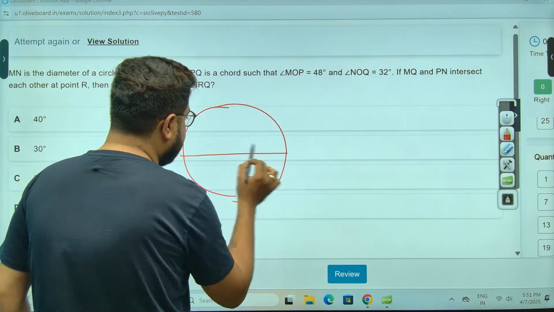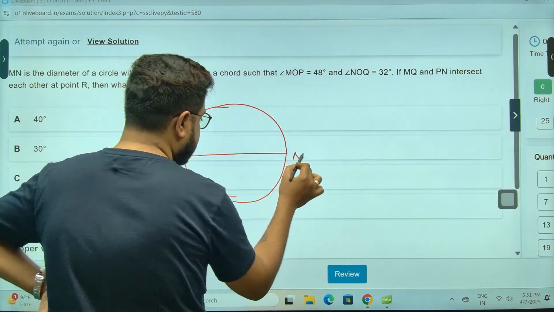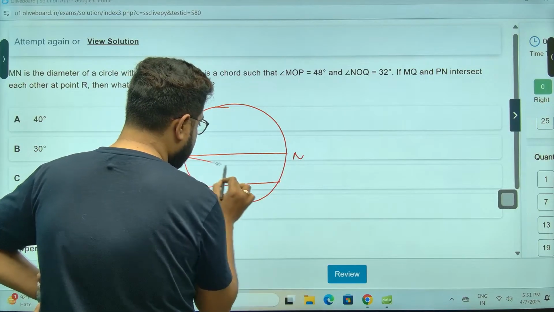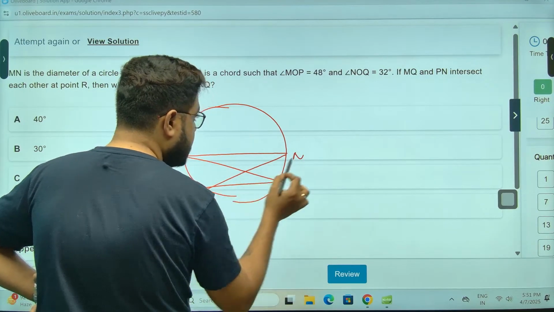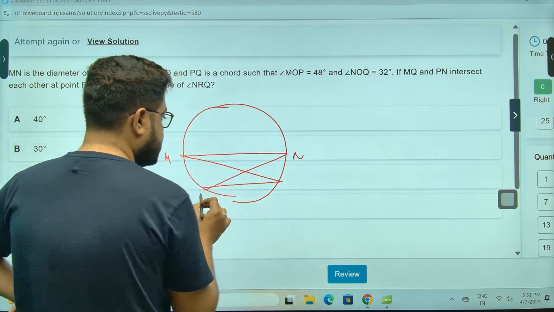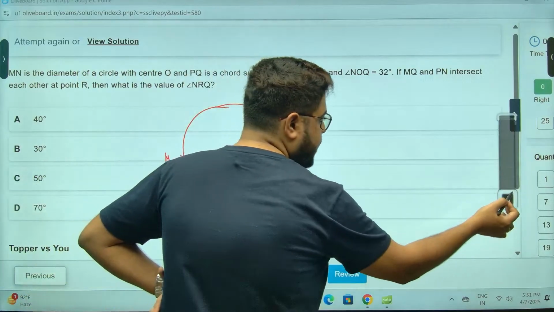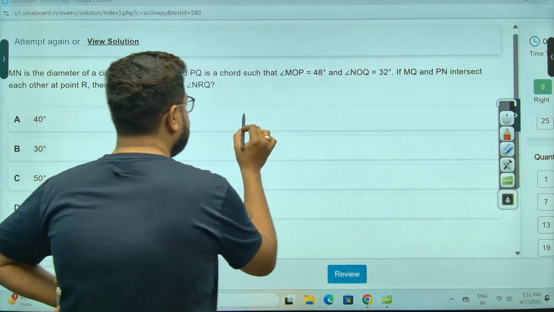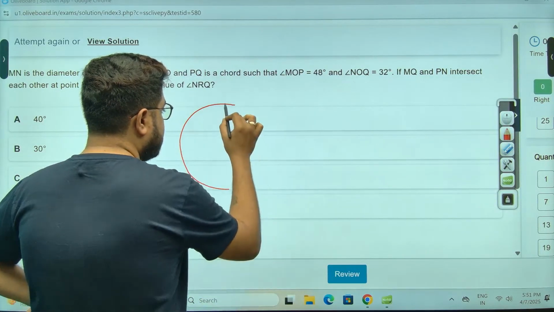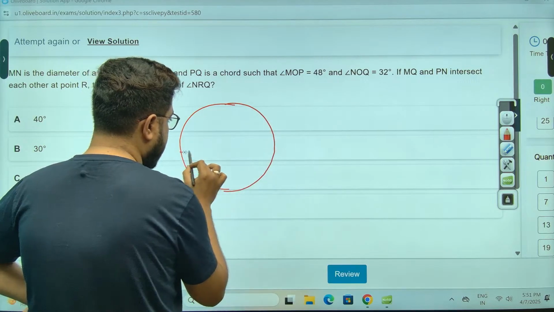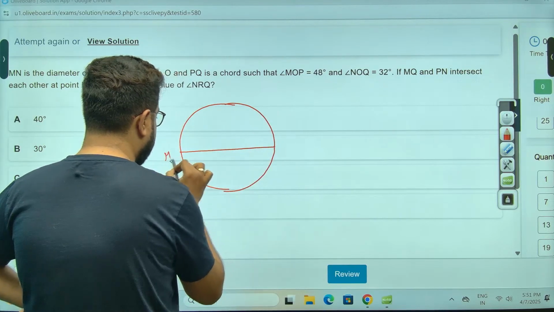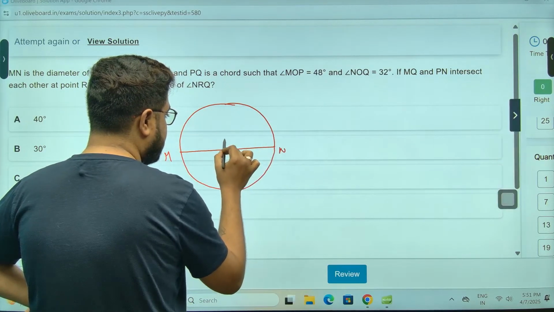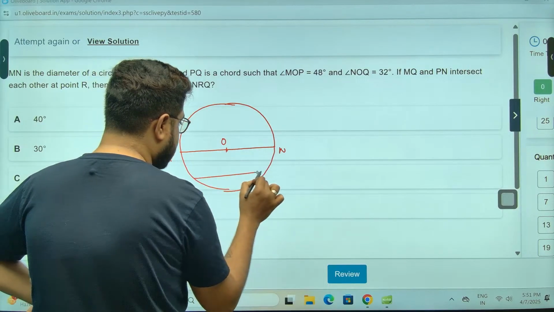So this was the diameter MN. There was a chord PQ. I'm being in too much of a hurry. MN, this is O, sir. PQ is a chord like this.